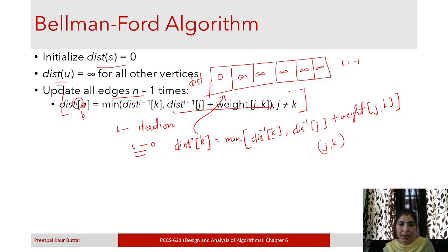So what we are doing here actually, suppose this is your graph: a, b, c, and there are some edges with weights 10, 5, 4.